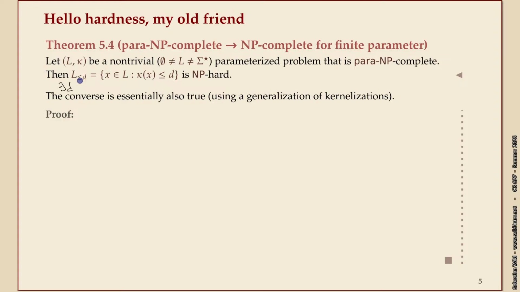Let's see why that might be the case. So we got to work with what we have, right? So let L and kappa be para NP hard or para NP complete. It is para NP complete, so let's not worry about it. And let further some other language L prime be NP complete.